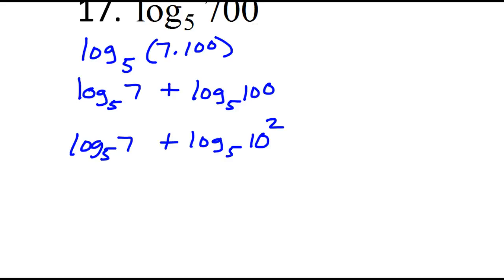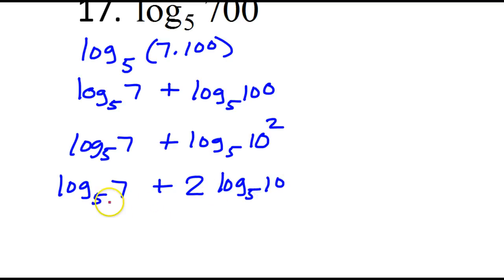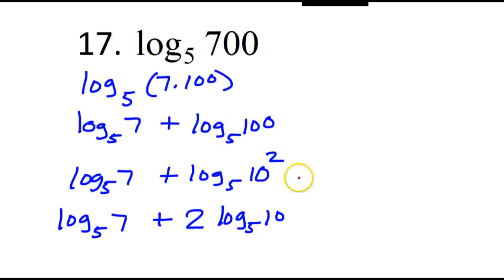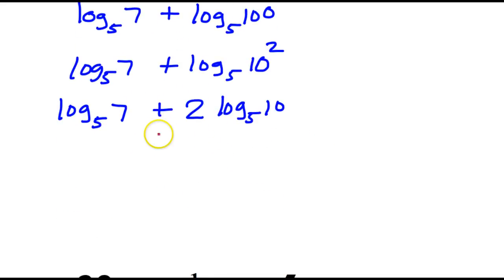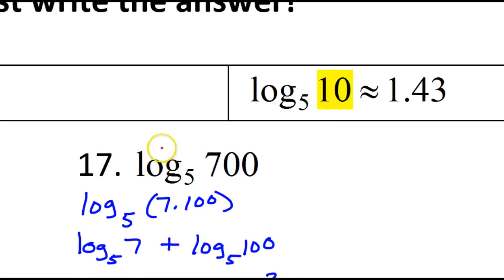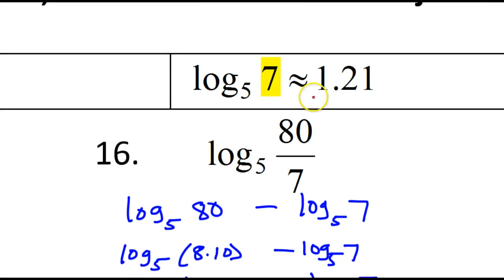I just like this method slightly better, but you should get the same answer either way. This would be the same thing as 2 times log base 5 of 10. Now I've got it down to just the logs that we know. Log base 5 of 10 is 1.43, so this will be 2 times 1.43. And log base 5 of 7 is 1.21.